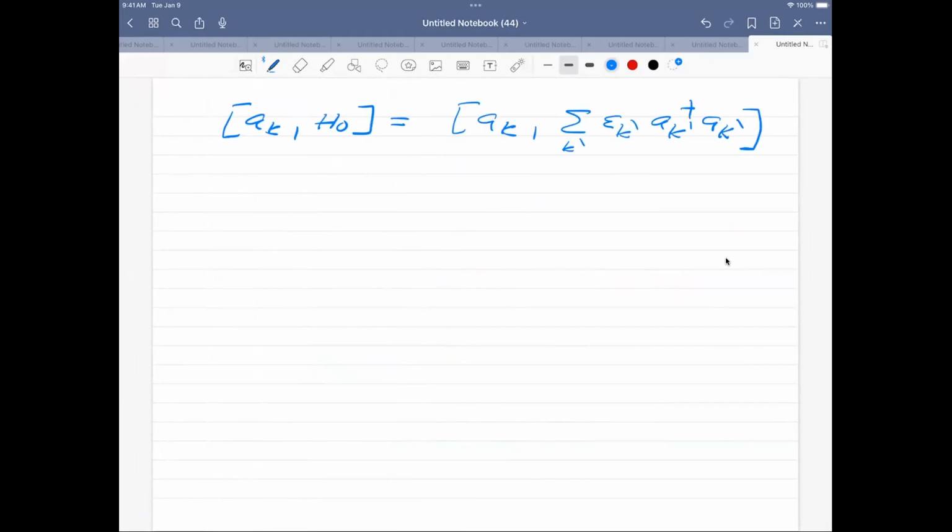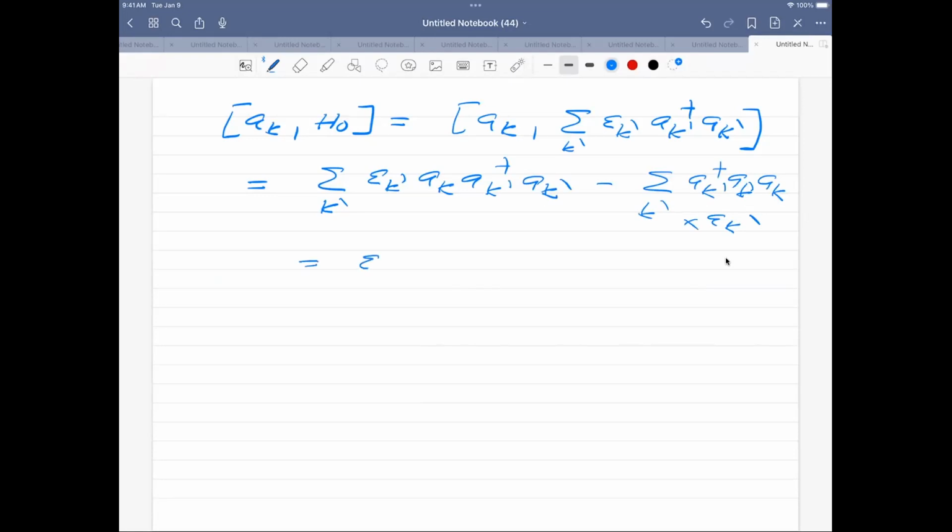If we write it out and do the commutators, we have a_k^† ε_k' a_k a_k', minus a_k'^† a_k' a_k multiplied with ε_k'. And when we do the math here, we get ε_k times a_k.